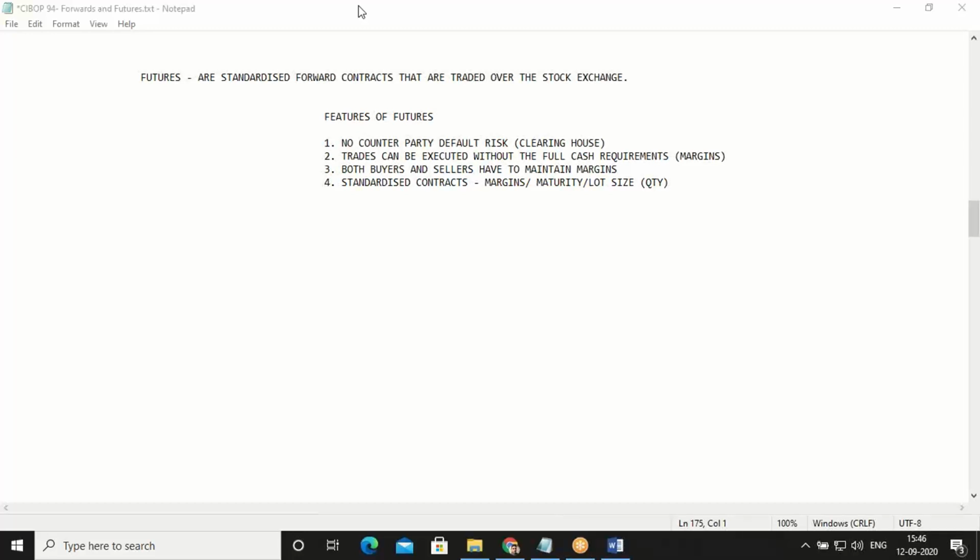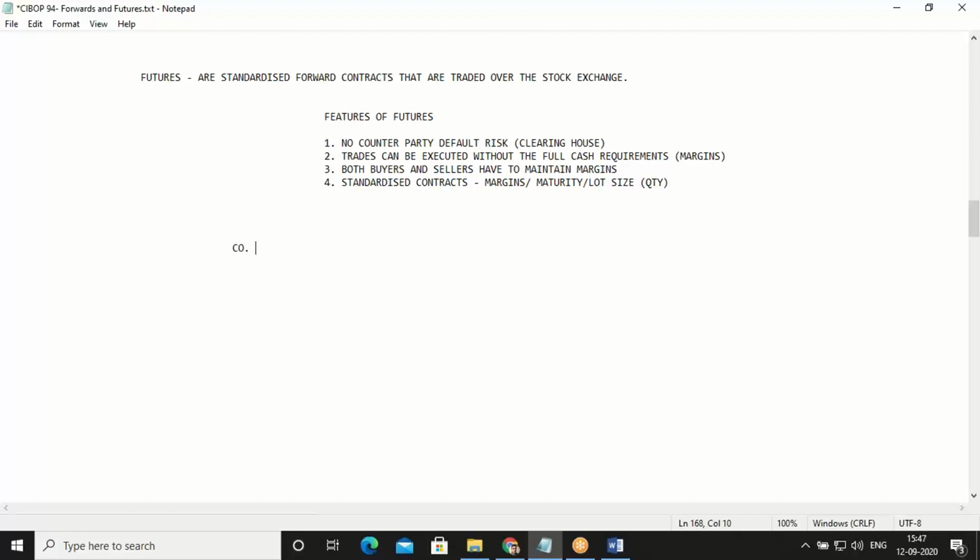Now, what are some of the features? There is no counterparty default risk. Why is there no counterparty default risk? Because you have a clearing house. And an interesting thing about a futures contract, and options that we'll talk about tomorrow, is that trades can be executed without having the full cash requirements. What this means is, let's look at point 2.